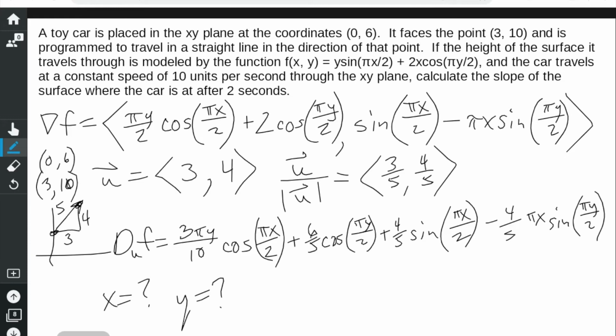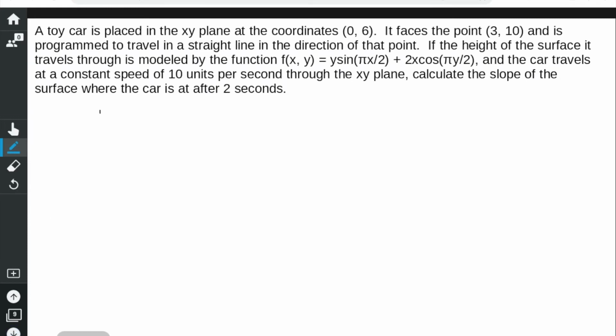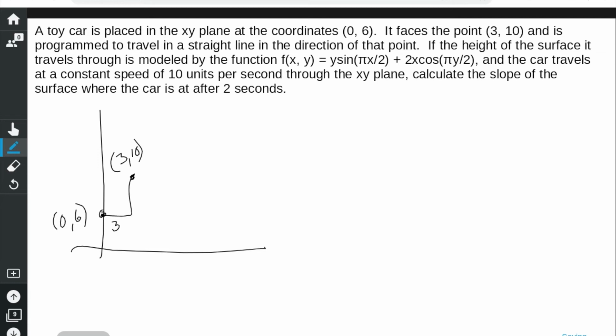I'm going to go to the next screen and write this out one more time. Something that struck me when we were finding our unit vector, with points 0, 6 and 3, 10, is that we had a 3, 4, 5 triangle.